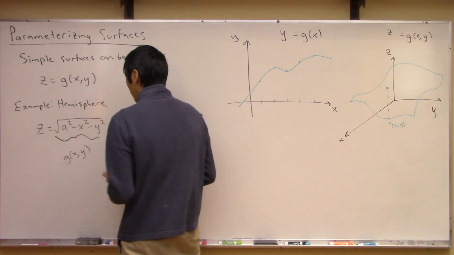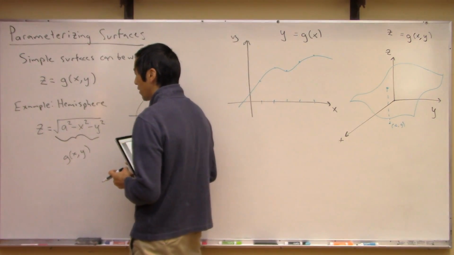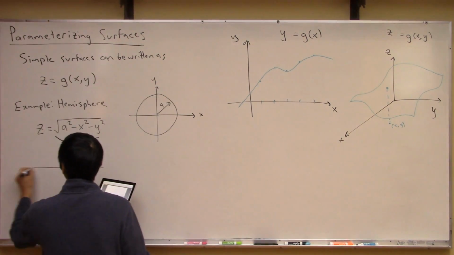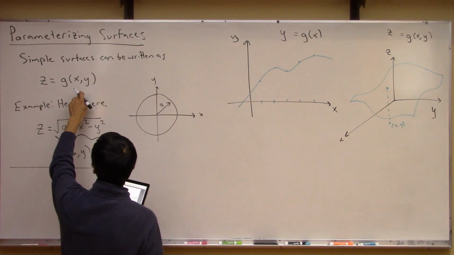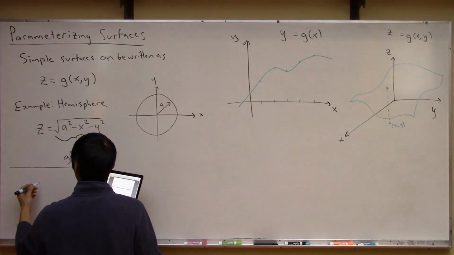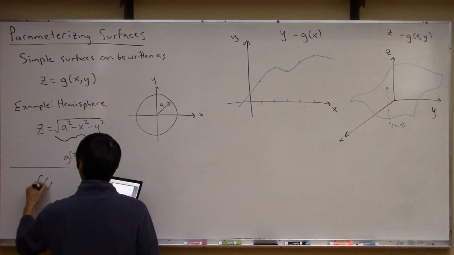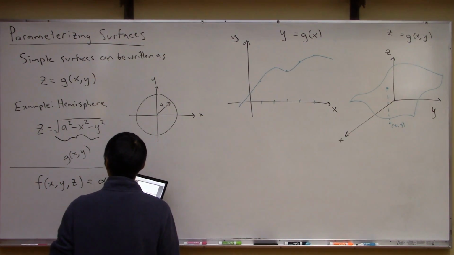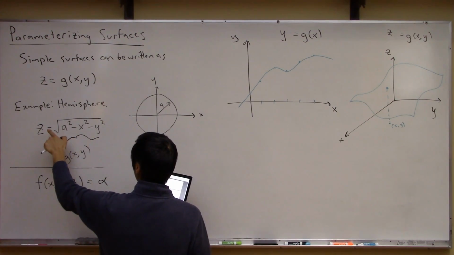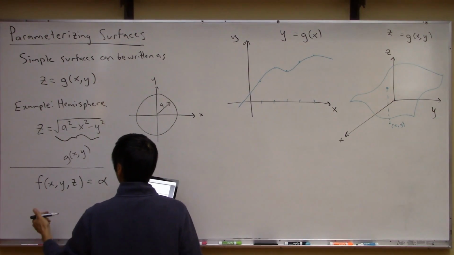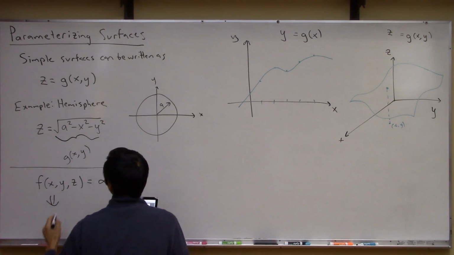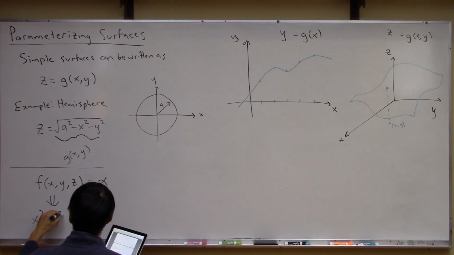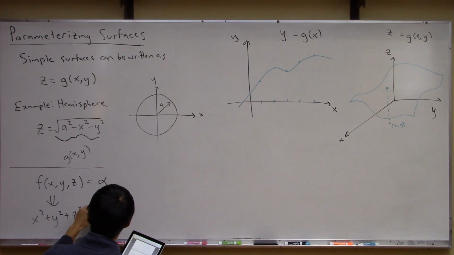Now, what's interesting about this is an alternative way that you can write this. Let's go ahead and rewrite this expression. An alternative way to describe one of these simple surfaces is a lot of times you can write this as f of x, y, and z has got to equal some constant, okay? So in this case, you can easily rewrite this, if we solve for a squared, as x squared plus y squared plus z squared is equal to a squared, right?